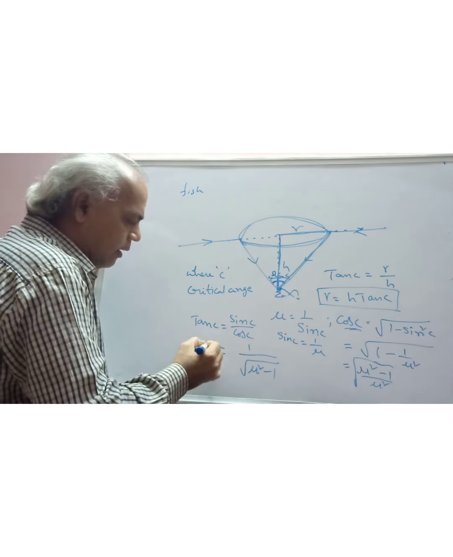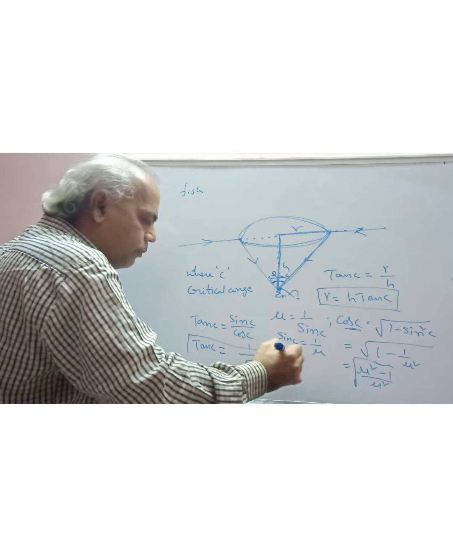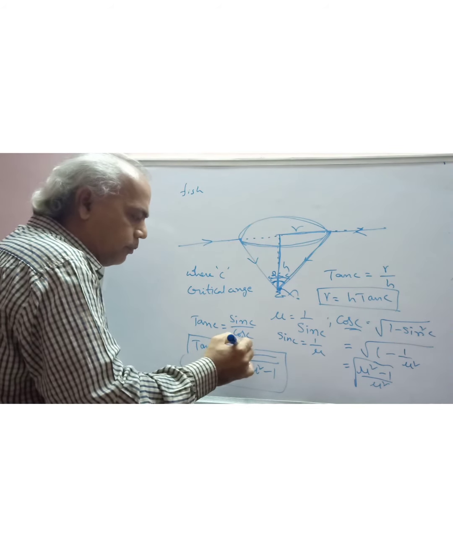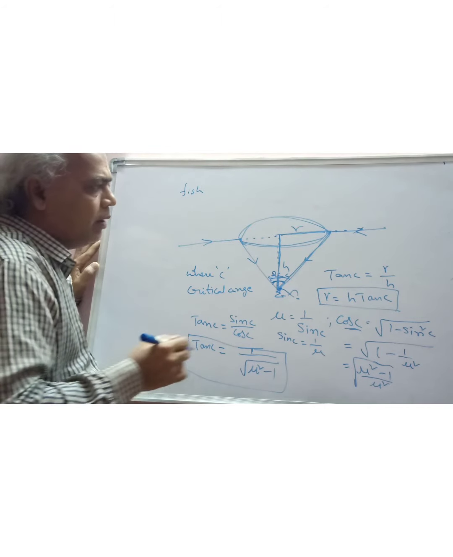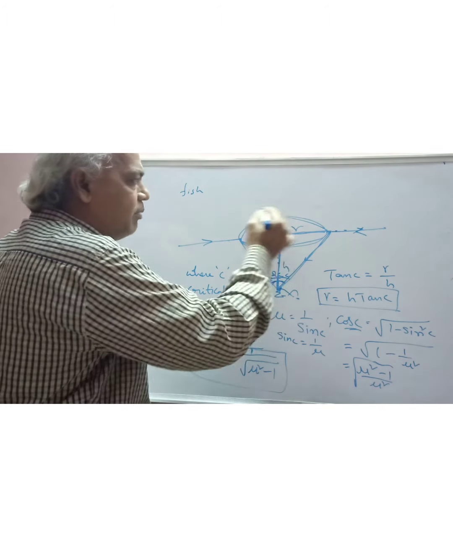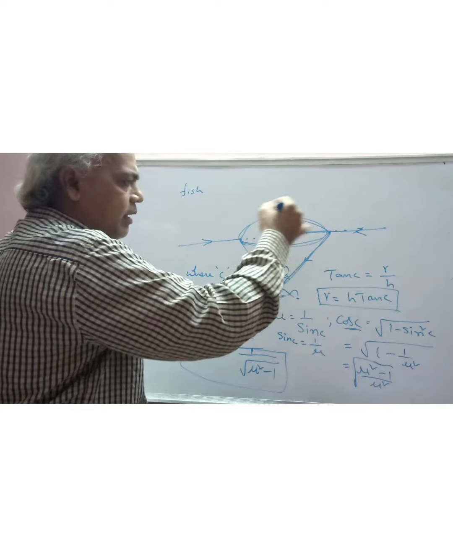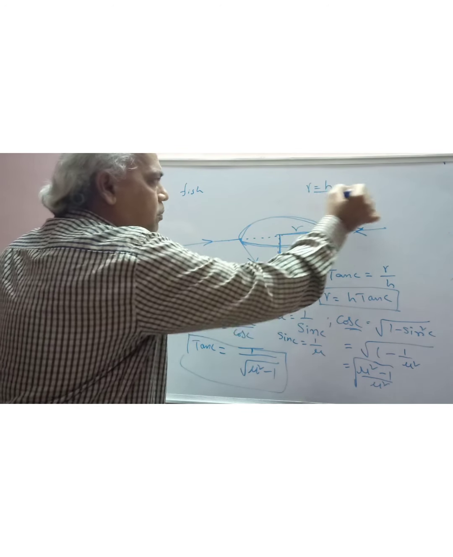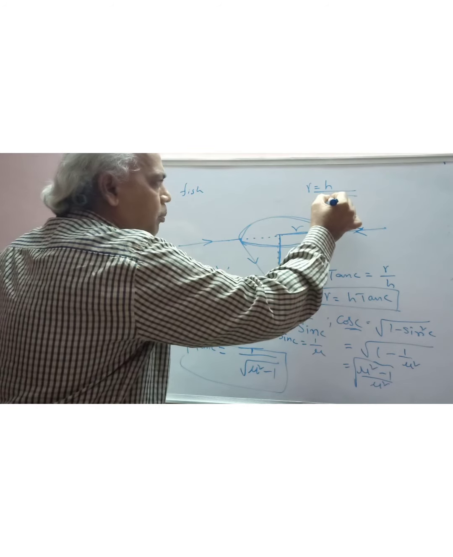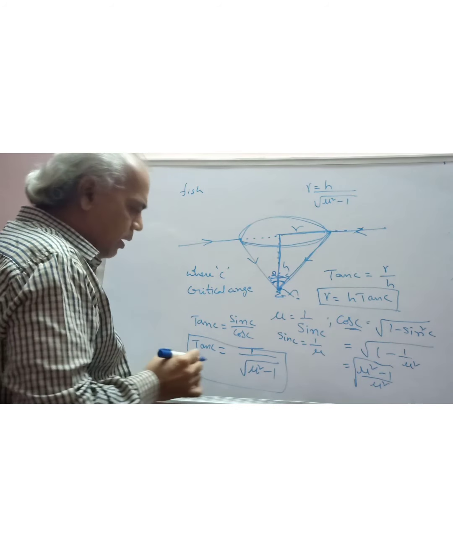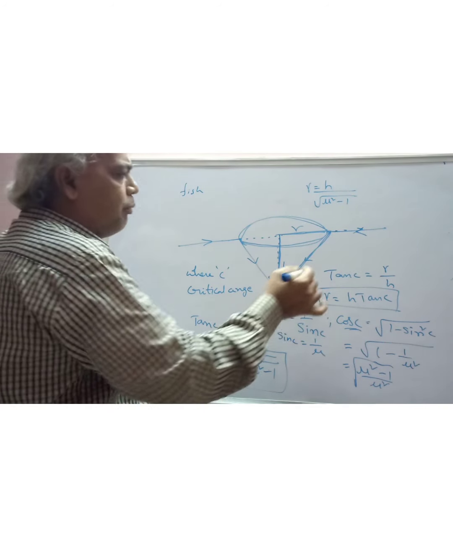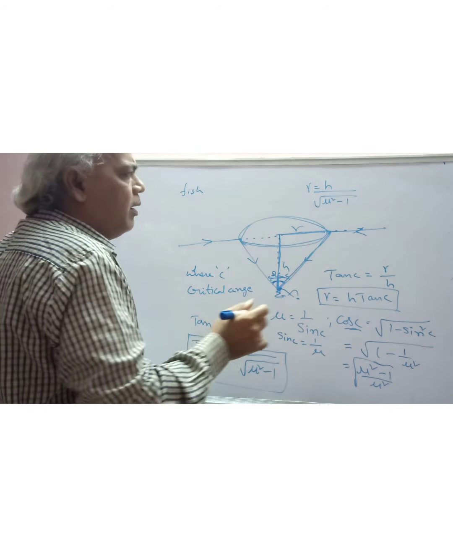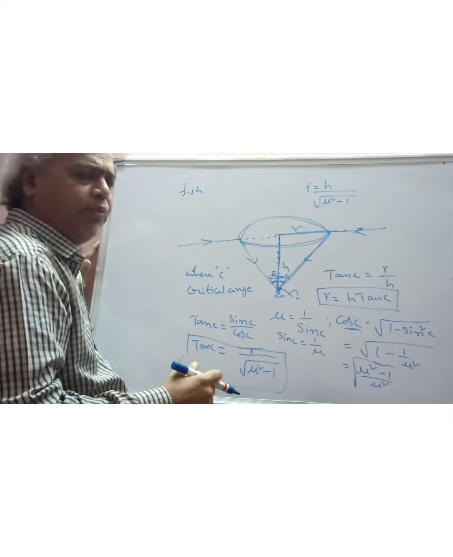It is the tan C value. Okay, so the radius of this outer circle is R equal to H by root of mu square minus 1, where mu is the refractive index of water, or the refractive index of the liquid.